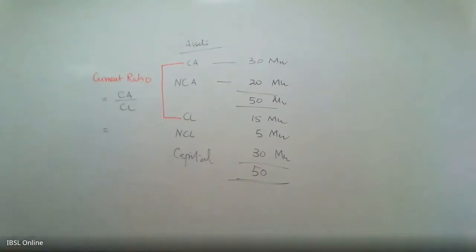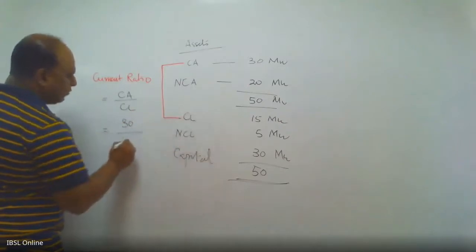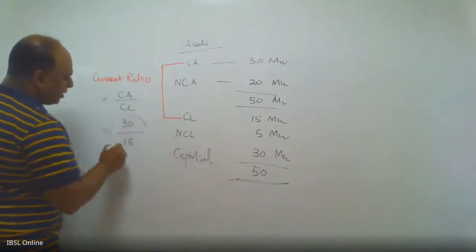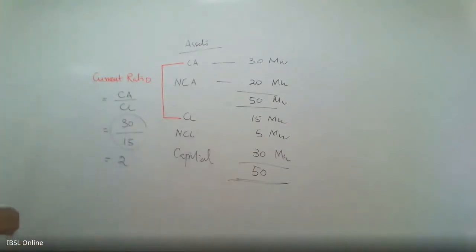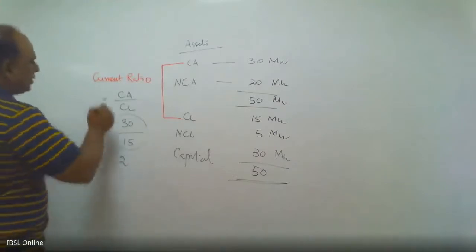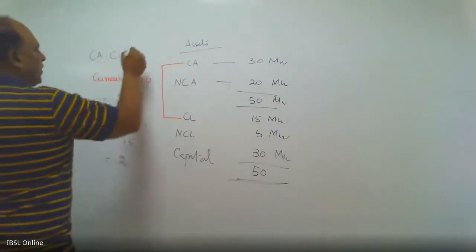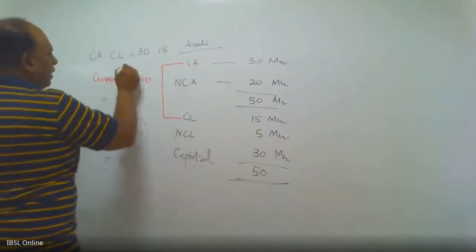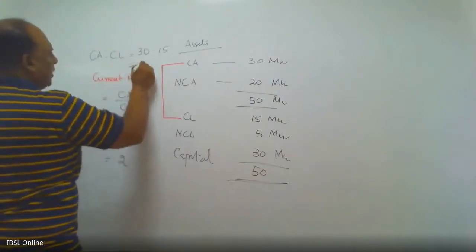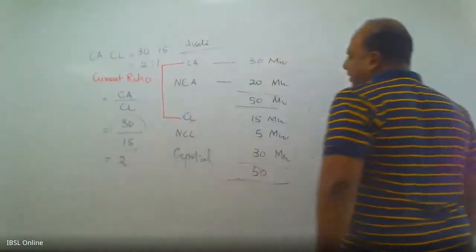Look at this business. In this business, current assets are 30 million and current liabilities are 15 million. So you get 30 divided by 15, which is 2. The same 2 can be represented in another manner, that is, current assets is to current liabilities, which means 30 is to 15. You divide by the lower number, which is 15, then you get 2 is to 1.